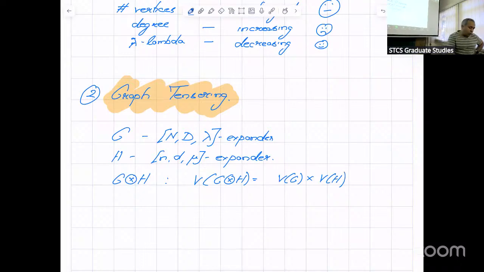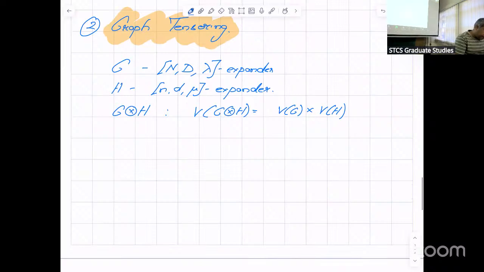Okay. And what are the edges of G tensor H? I'm going to ask, when is (U1, V1) connected to (U2, V2) in G tensor H?